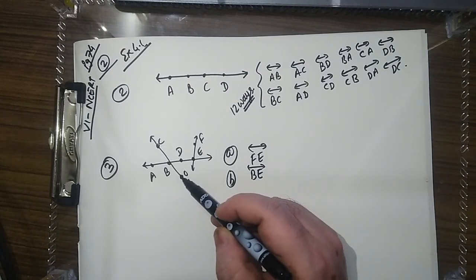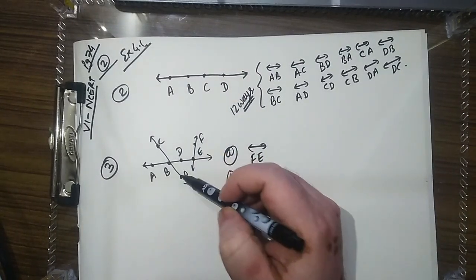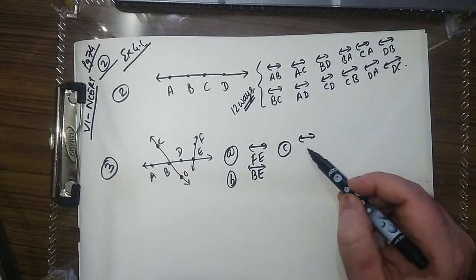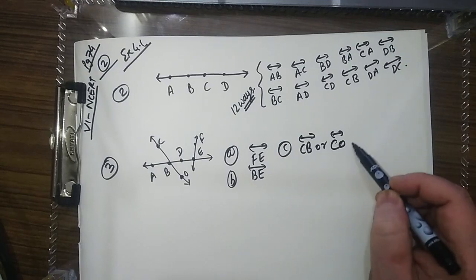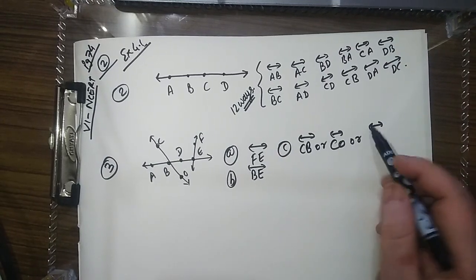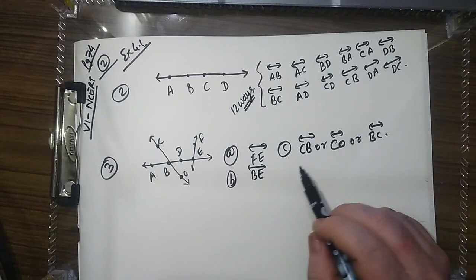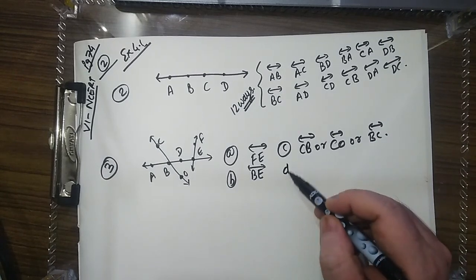So O lies in line CB, or we can say CO. Either it will be CB or line CO or line BC. All three answers will be right in this case.